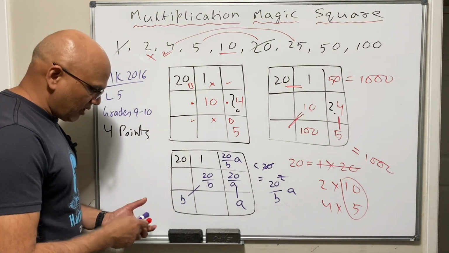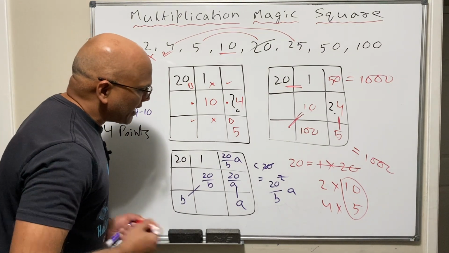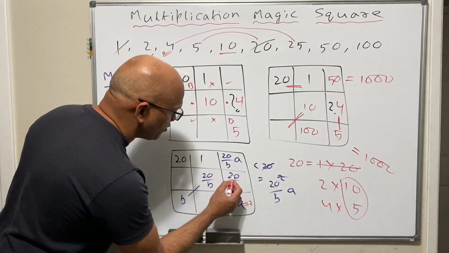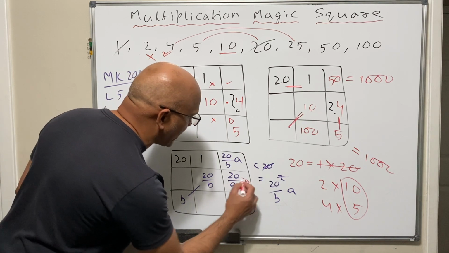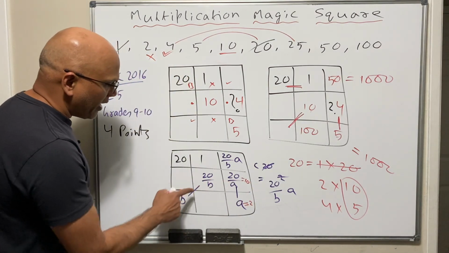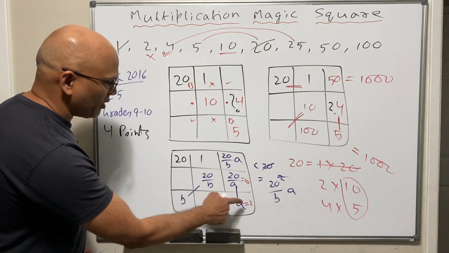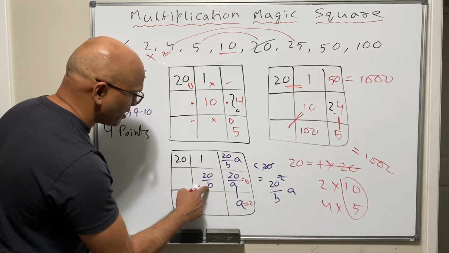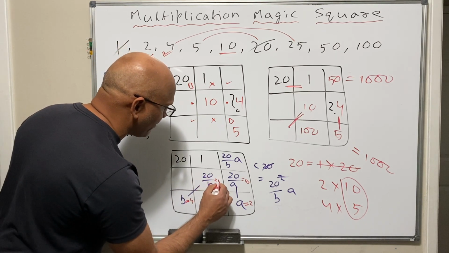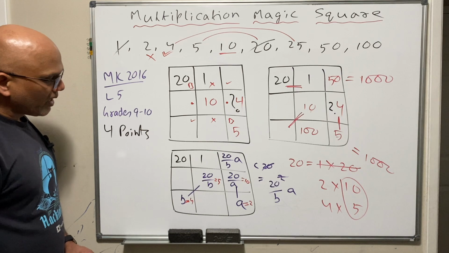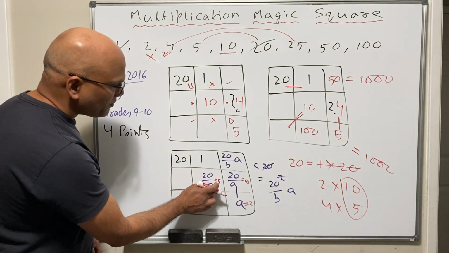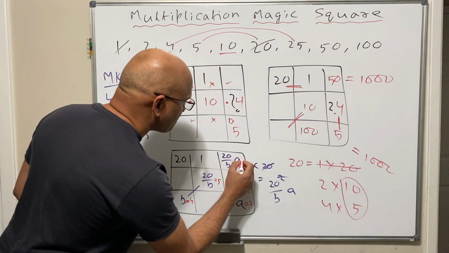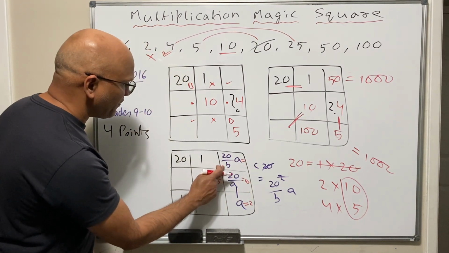So I started just trying one at a time. Let's say A is 2, so then 20 by 2 is 10. And here let's say B is, if 2 and 10 are taken, then let's say this is 4, so this is going to be 5.